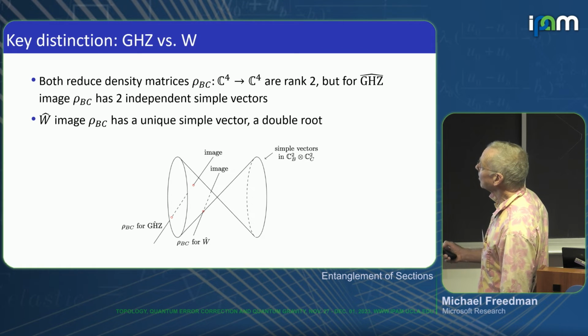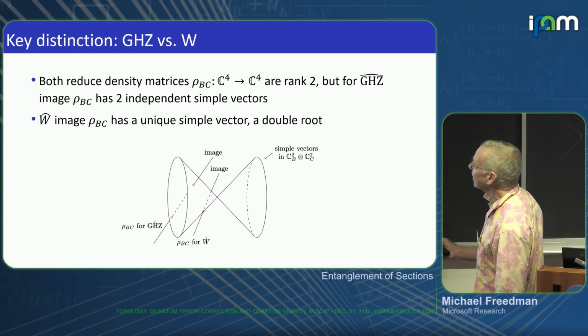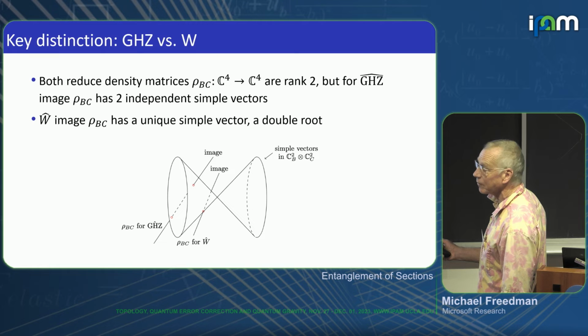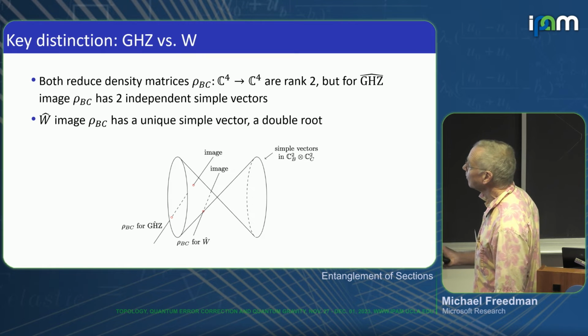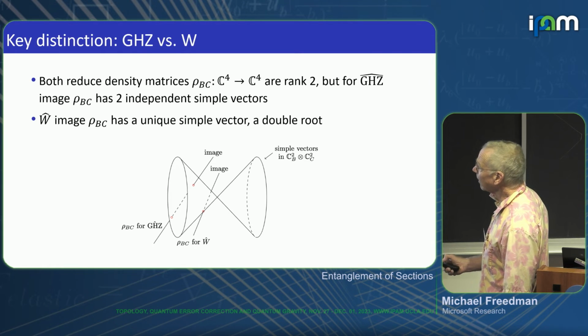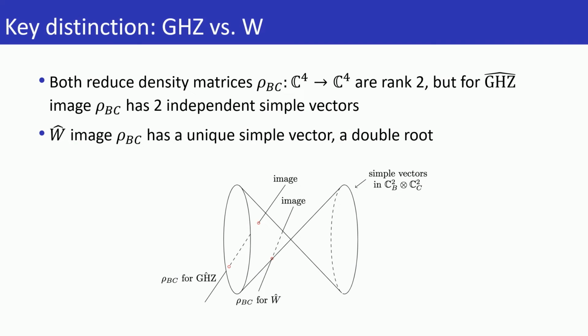But the distinction is that for the GHZ state, there are two simple vectors in the image of rho. And in the W case, the image of rho contains a unique simple vector.